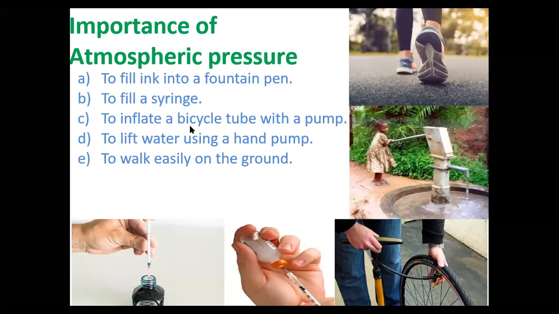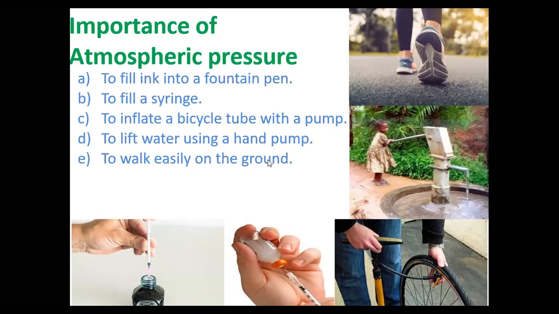To inflate a bicycle tube with a pump. Look, a small child can pump very deep water from a tube well because atmospheric pressure helps, and this child will press the handle, and due to atmospheric pressure water will come out easily.